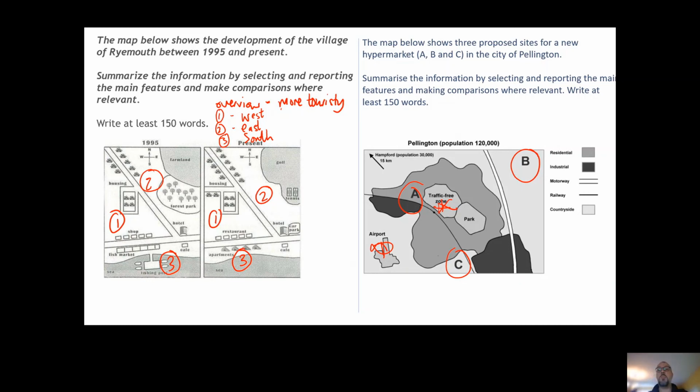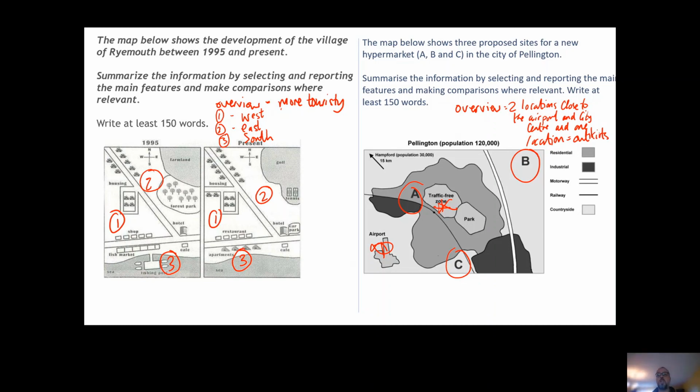So in this case, my overview: two locations close to the airport and city centre, and 1 location on the outskirts of the town.